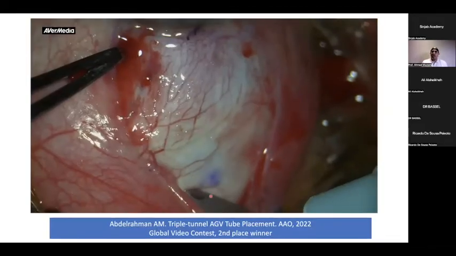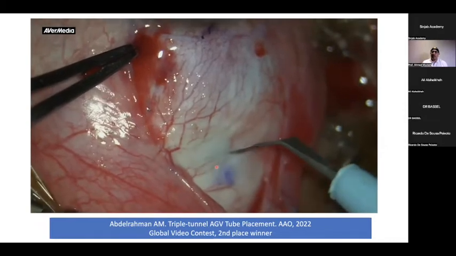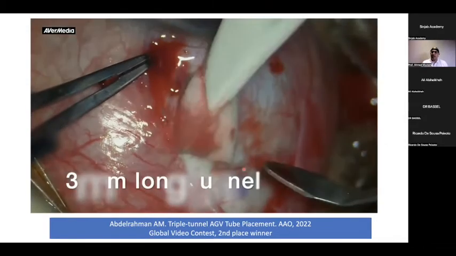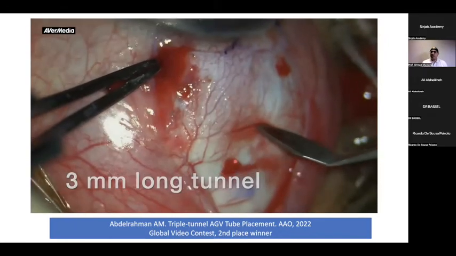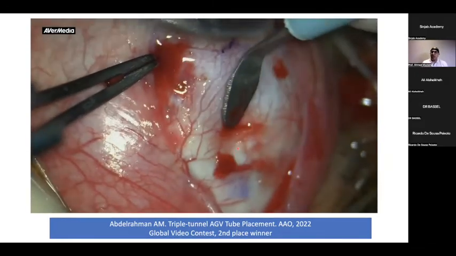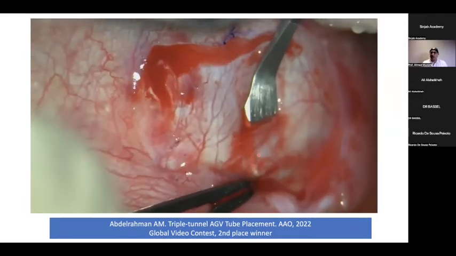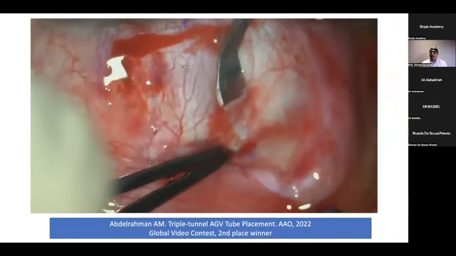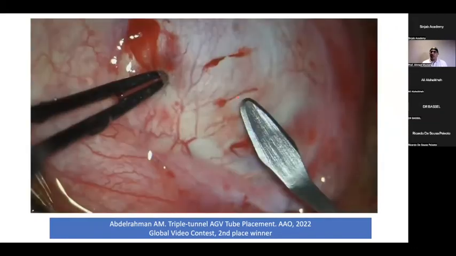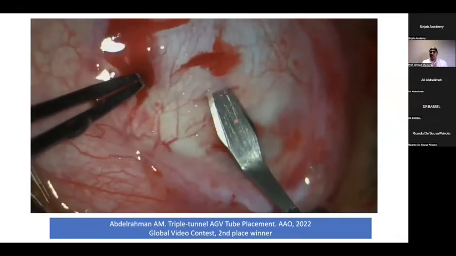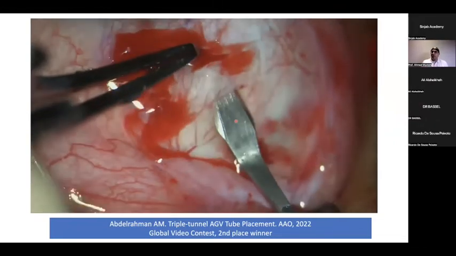In short, I tend to place the implant at 12 millimeters, and I place the tube under 3 tunnels. This is the triple tunnel technique for implantation of the Ahmed glaucoma valve. Each tunnel is 3 millimeters, and the 3 tunnels are connected, so that the tube is lying inside the sclera all the time.